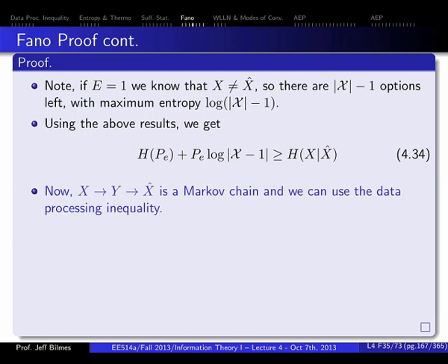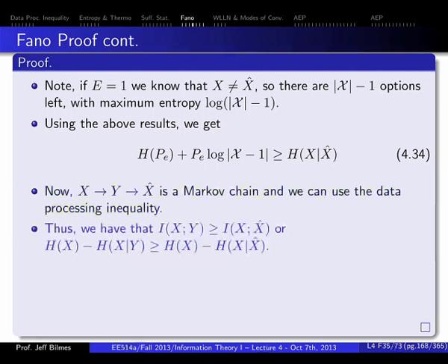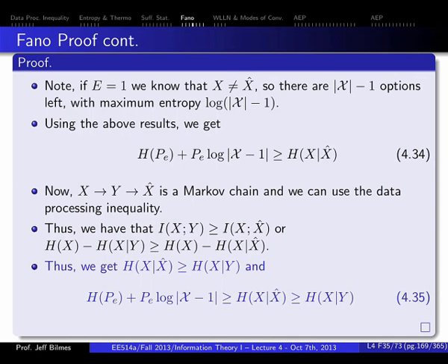That basically means that the information between Y and X is an upper bound of the information between X and X hat. But entropy is the same. We use the definition of mutual information, the entropy minus the conditional entropy, the entropy minus the conditional entropy. We cross off the entropy part, and we get that this conditional entropy bound is true, and we complete the theorem.